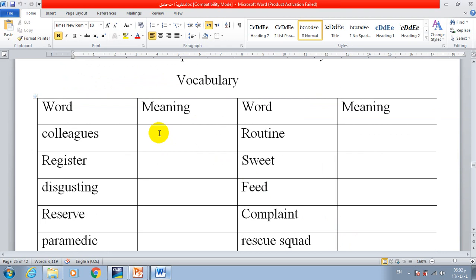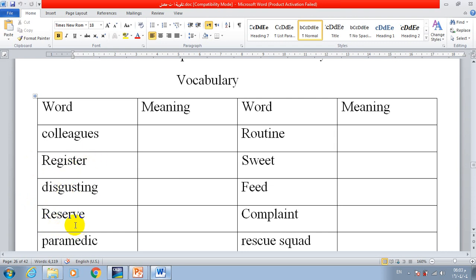At first, let's read the words. But please, my dear students, repeat after me. Okay, let's start. Colleagues. Register. Disgusting.